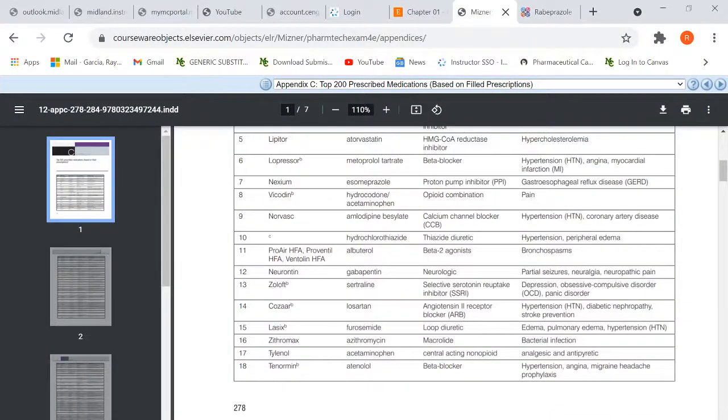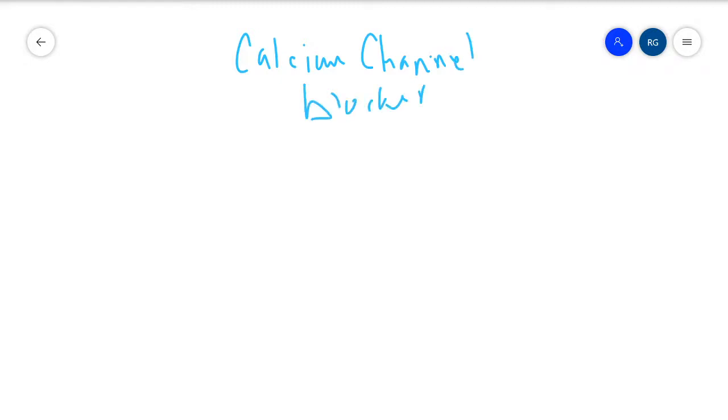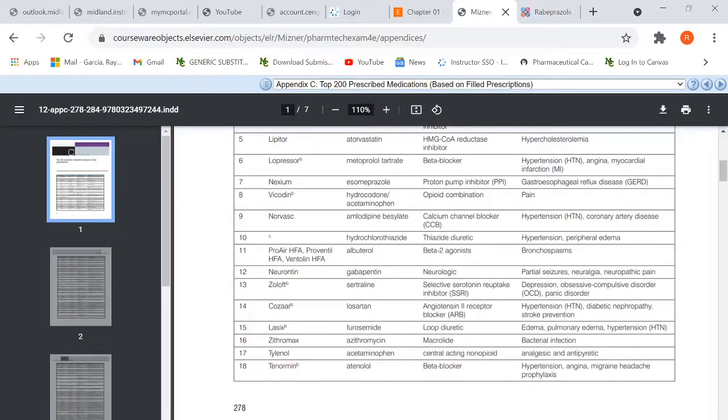So let's go to the whiteboard. Calcium channel blocker, amlodipine besylate.